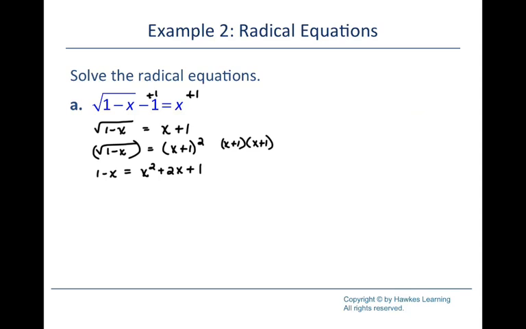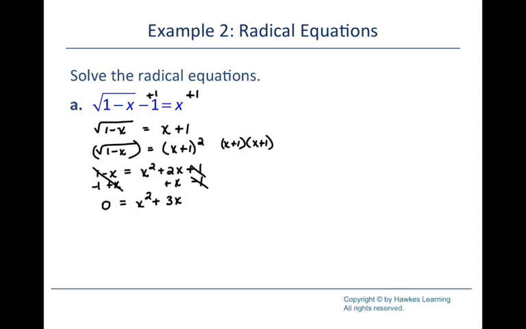Now you're going to add x here and subtract 1. And so this will all be equal to 0 on the left. And you'll have x squared plus 3x, and the 1's add to be 0. All right, so now we've got a quadratic. We have to factor it.